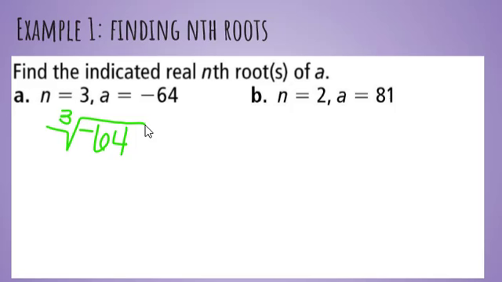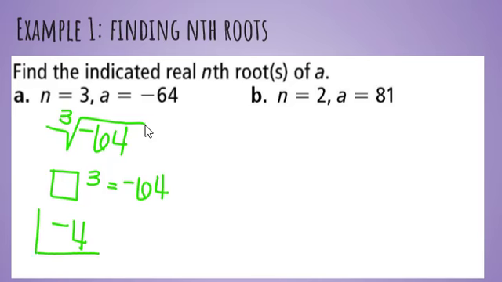When my index is odd, I can take the radical of the negative, so this negative here is okay. So basically what you're thinking is, what number to the third power gives us -64? This number would be -4, because -4 cubed is -64. So -4 would be our answer.